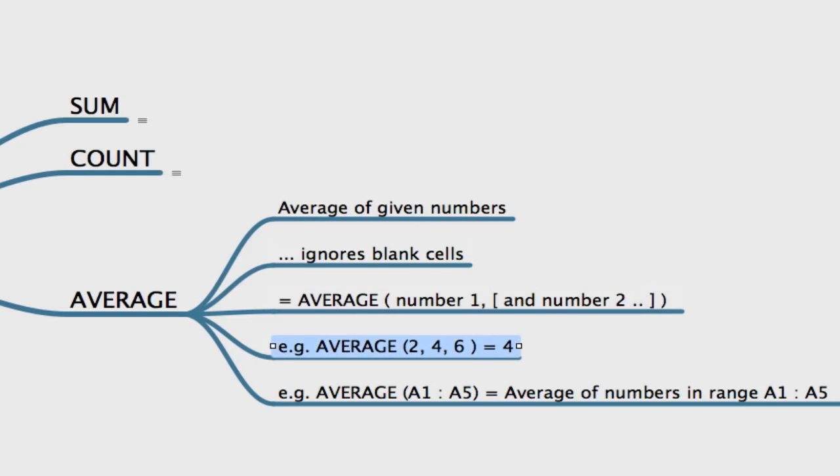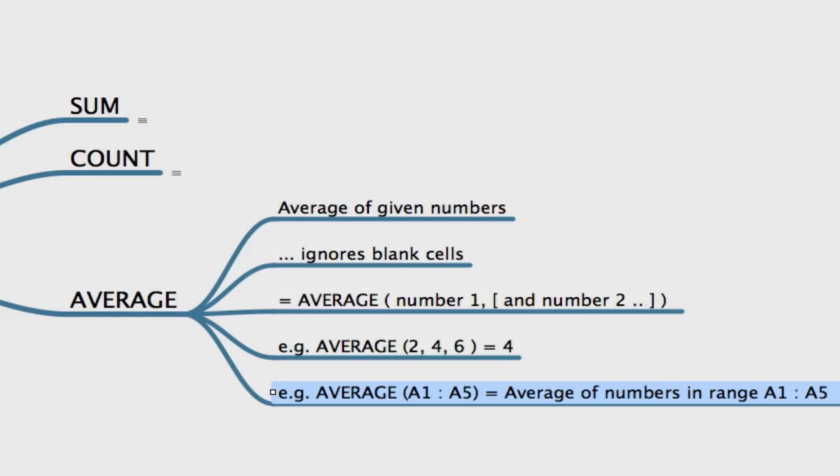As an example, you could use AVERAGE, open bracket, 2, 4, 6, close bracket. That gives you 4. Or AVERAGE, open bracket, A1 colon A5, close bracket, gives you the average of numbers in the range A1 to A5.